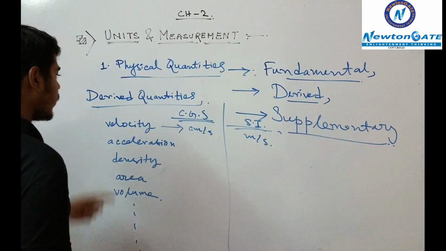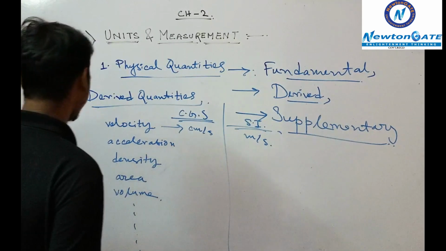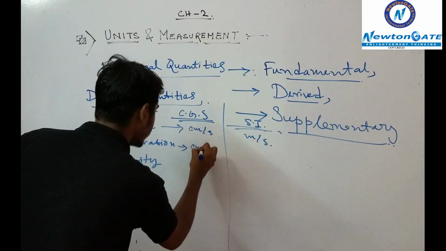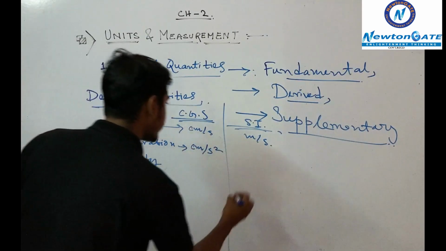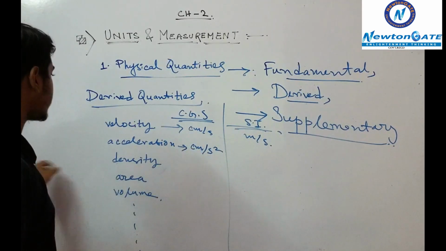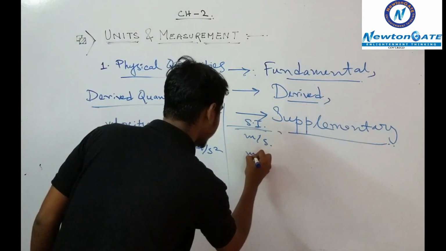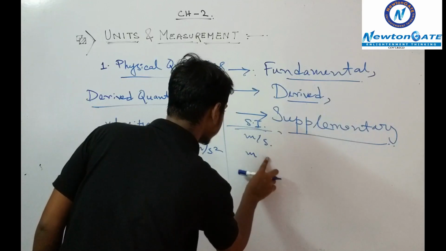Velocity is a vector quantity, we know that very well. It has both direction and magnitude. Acceleration will have centimeter per second square, that is velocity per unit time, and velocity is displacement per unit time, and the SI unit will be meter per second square.